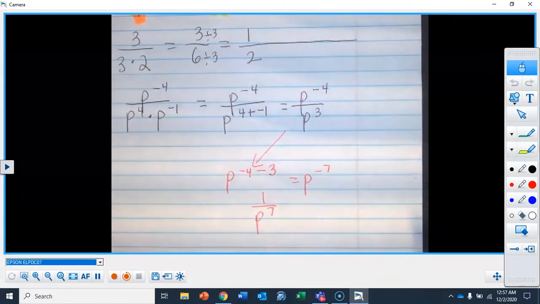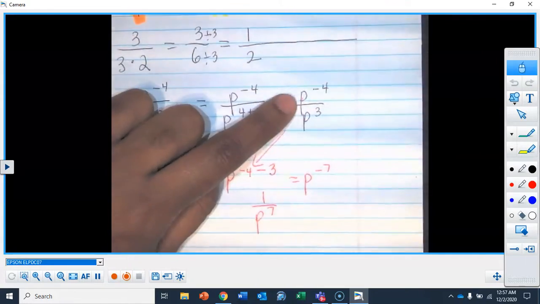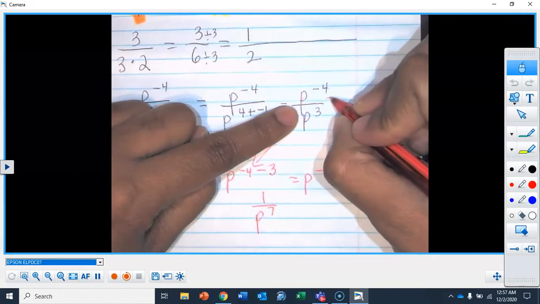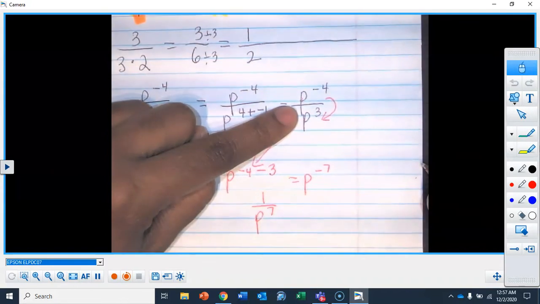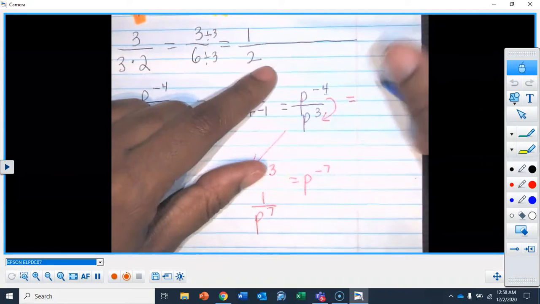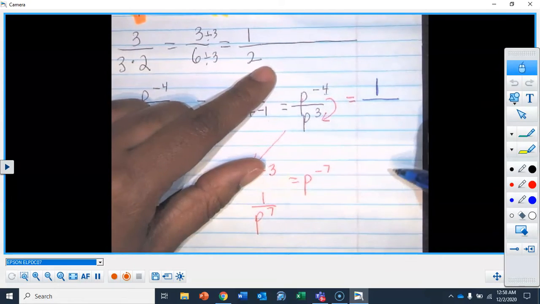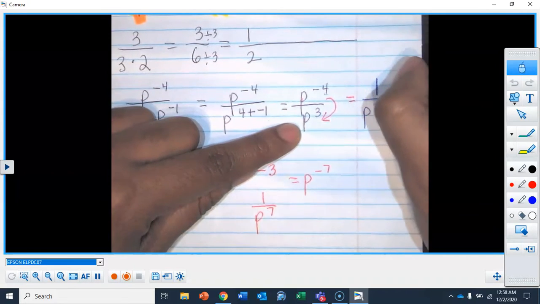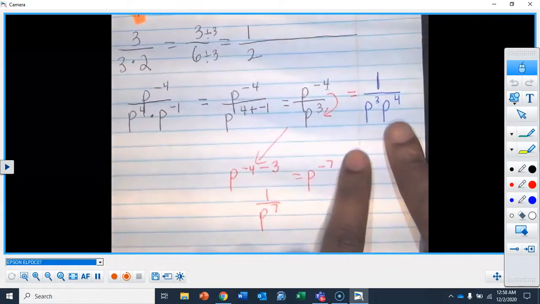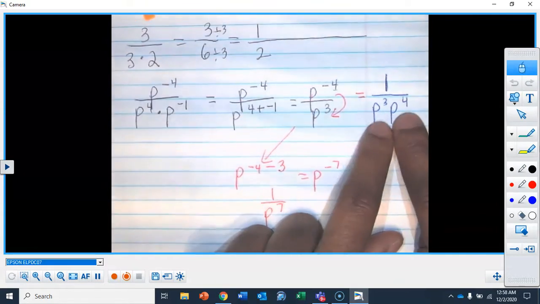Now the other way I showed it is, you know, this negative 4 is not happy where he is, move his location or environment, so he's going to come down to the denominator, and so what happens to this one is, if he came down here, we still have to show we have a numerator. So the placeholder is 1 over p to the third, and then because that p to the 4 is coming down here, you see this is still multiplication.